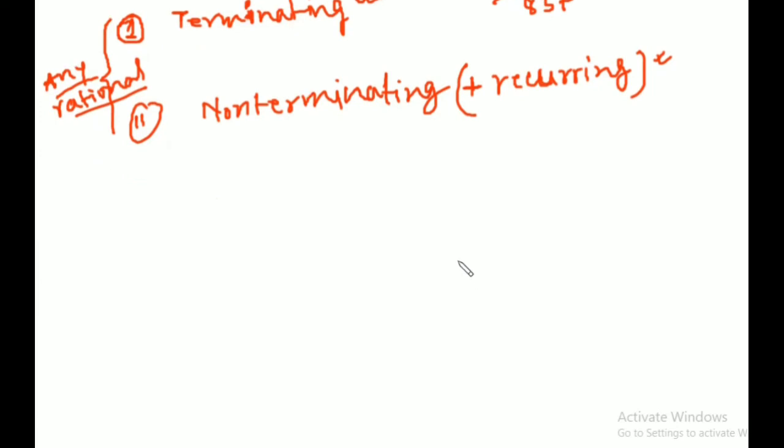So based on this, we can define rational numbers like this.